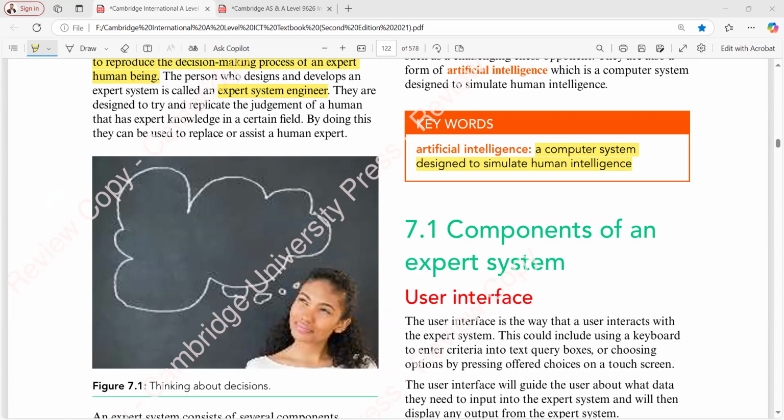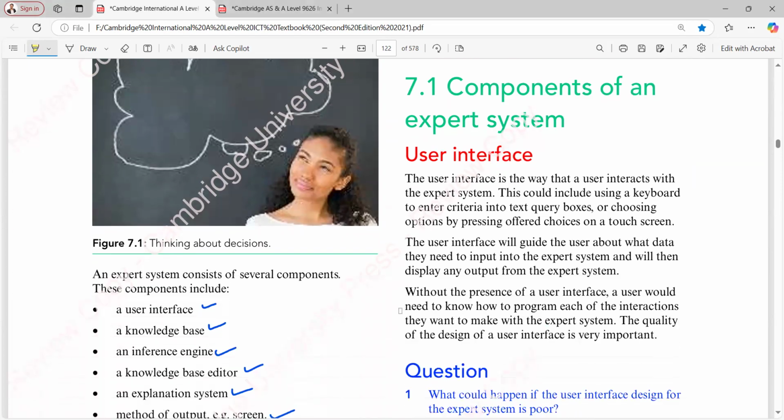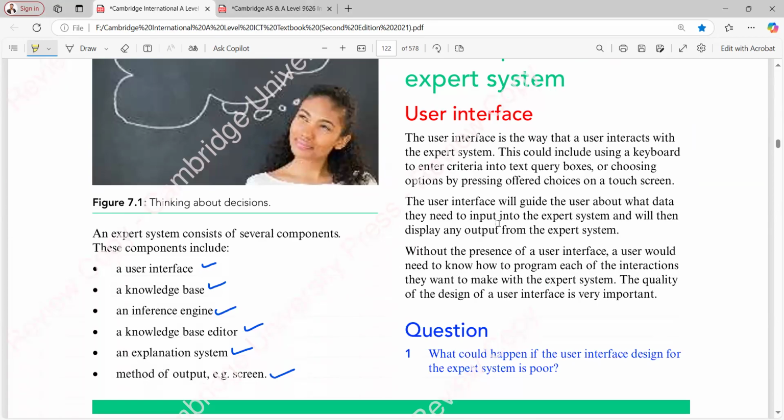Now, after that, I am going to discuss with you the components of an expert system. First of all, we have a user interface, the first component. You would have known that user interface is most likely to be known as UI UX.